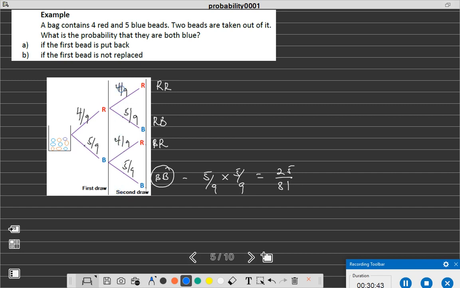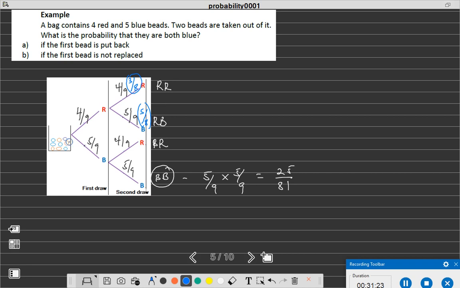Meaning that here, if the first one was red, to pick the second red, we shall be having 3 out of 8. Remember, we have not replaced this red. Now here, if the first one was red, and the second one is to be blue, blue was not selected in the first selection. If we take this path here, the probability for the blue will be 5 out of 8.